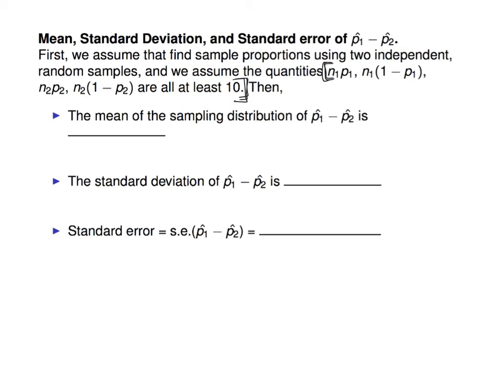So first of all, the mean: much like the mean of the sampling distribution of p hat was p, this mean here is the true population proportions, just their differences. The standard deviation is a little bit more complicated. So we have the standard deviation of p1 hat minus p2 hat is equal to the square root of p1 times 1 minus p1 over n1, plus p2 times 1 minus p2 over n2.